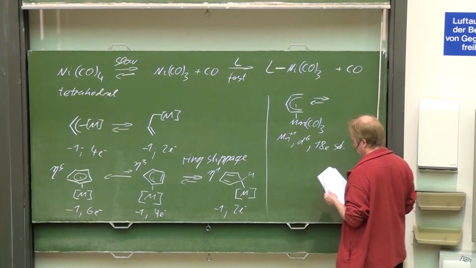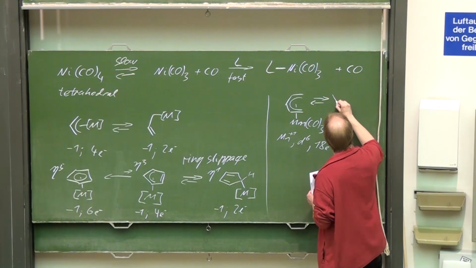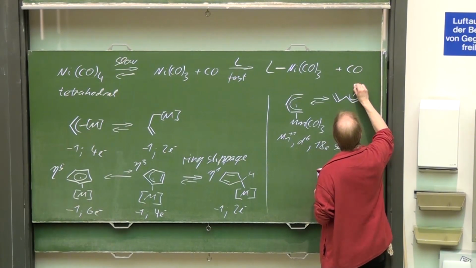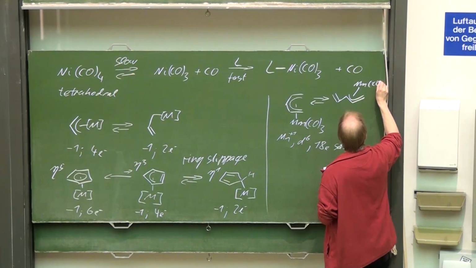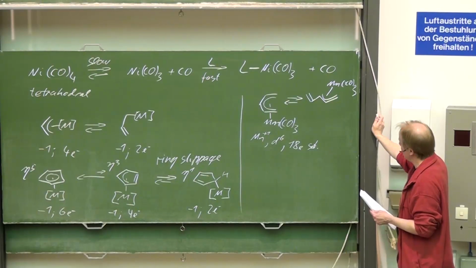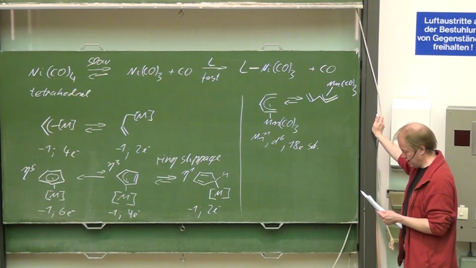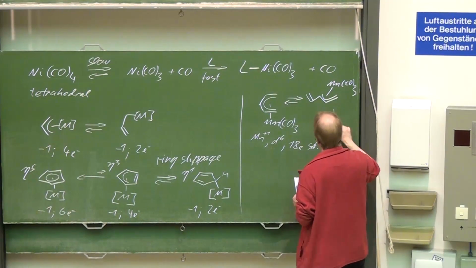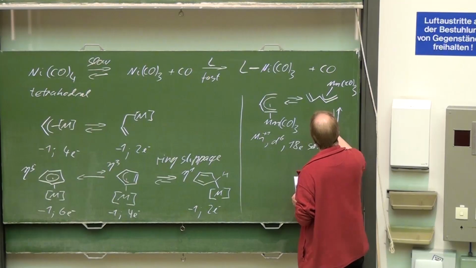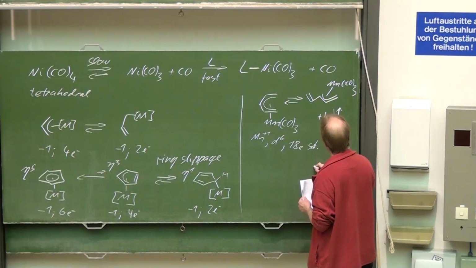There's an equilibrium possible from eta 5 to eta 3. And now it is an unsaturated, coordinatively unsaturated manganese complex. If another ligand is offered, it can coordinate to the manganese.